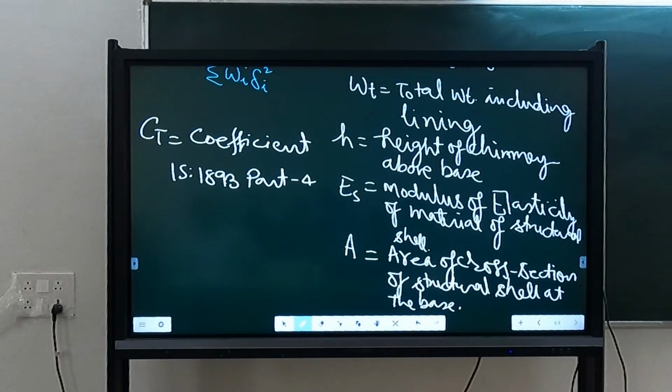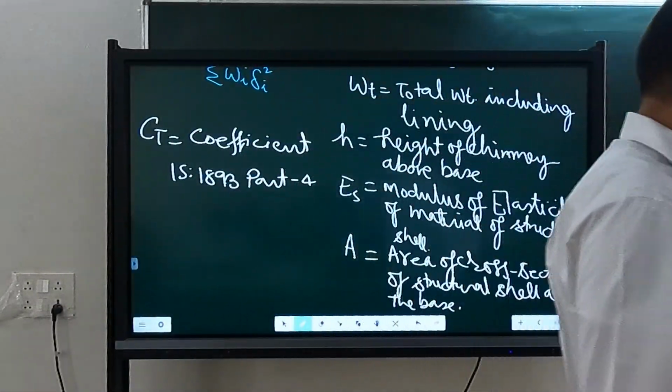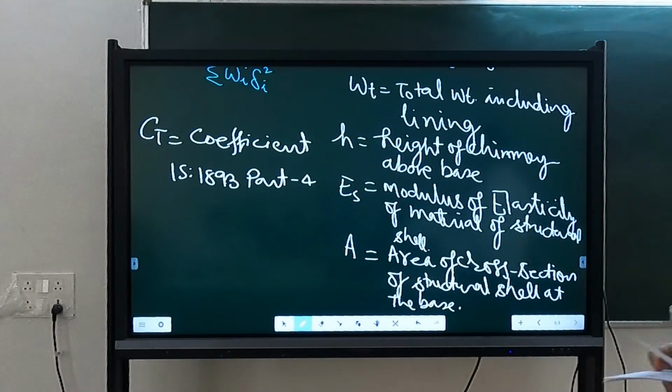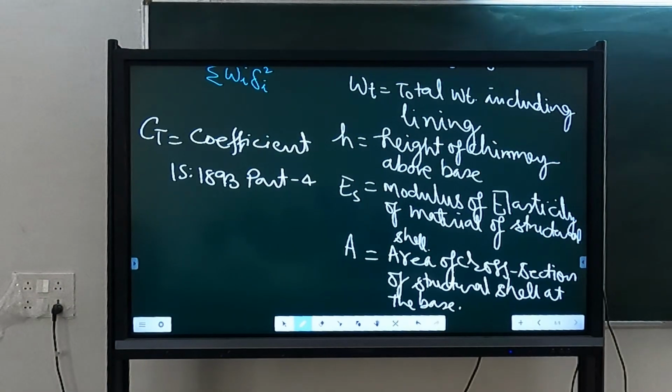Okay, so on page 17 you have Table 7. Are you able to look at it?